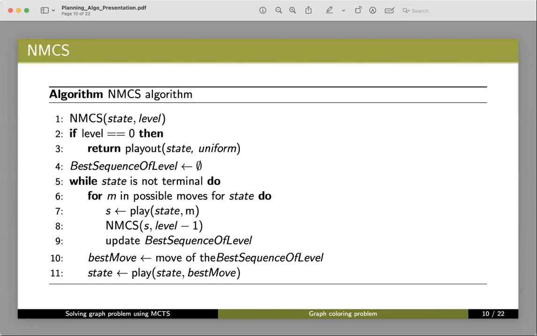So let's consider the next algorithm. It's NMCS. As I said before, here the policy remains the same during the execution, and at each step and for each move, we evaluate its score by completing the partial solution using the solution from our policy.